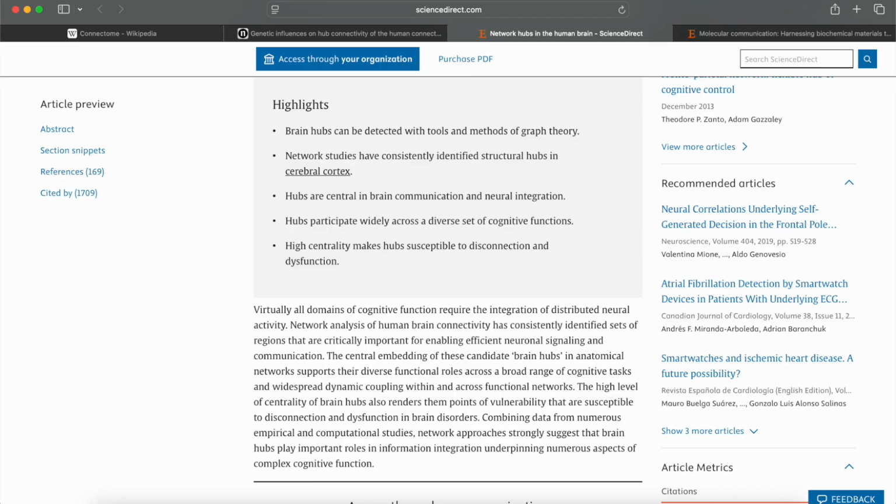The high-level centrality of brain hubs also renders them points of vulnerability that are susceptible to disconnection and dysfunction in brain disorders. Combining data from numerous empirical and computational studies, network approaches strongly suggest that brain hubs play important roles in information integration, underpinning numerous aspects of complex cognitive function.